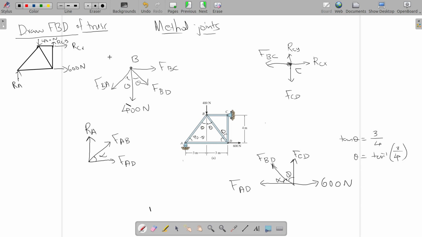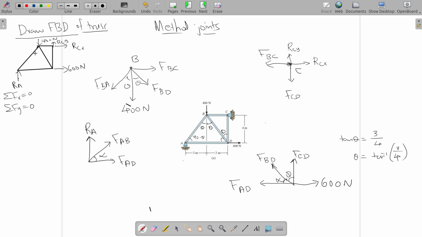So consider the equilibrium of this whole thing. So how many unknowns do we have here? 1, 2, 3. 3 unknowns. And how many equations do we have? Sigma Fx is equal to 0, sigma Fy is equal to 0. One more equation we have here, because this is a full 2D system.